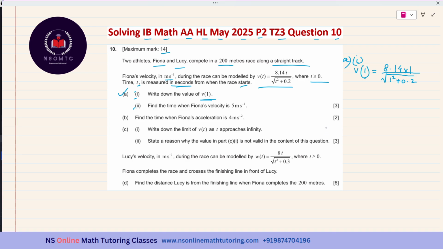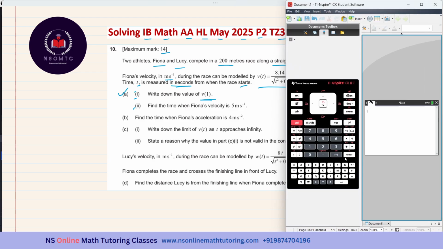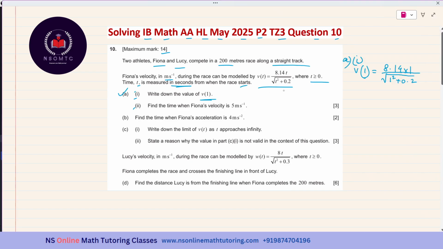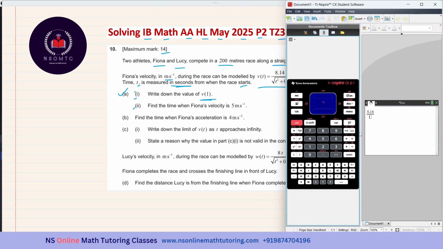Okay. So we will be using the calculator. 8.14 times t, that is 1, which is equal to 8.14, divided by square root of 1 square is 1, 1 plus 0.2 is 1.2.